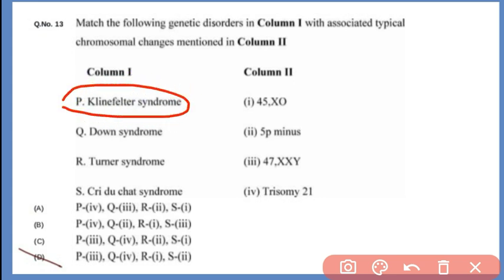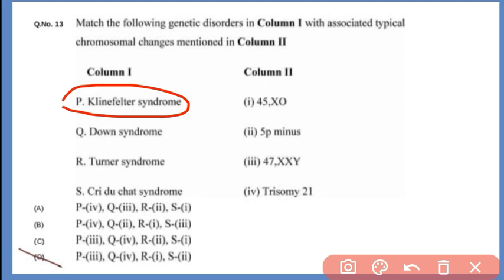Klinefelter syndrome. It is a sex chromosome disorder in boys and men. It results from the presence of an extra X chromosome in the cells. People typically have 46 chromosomes in each cell, 2 of which are sex chromosomes.